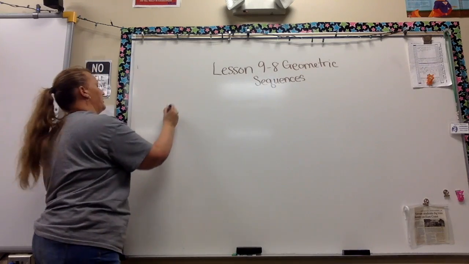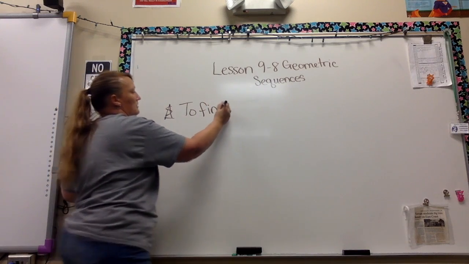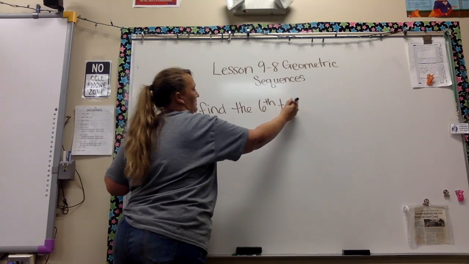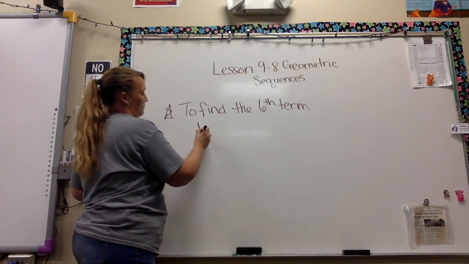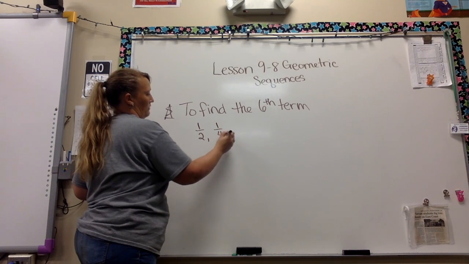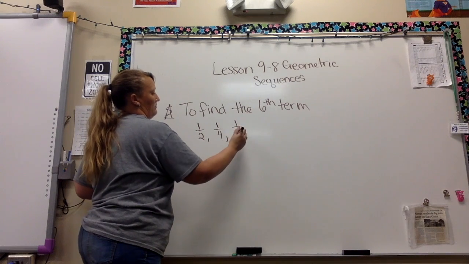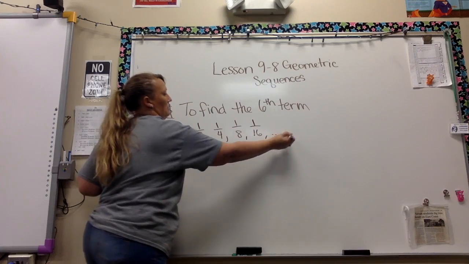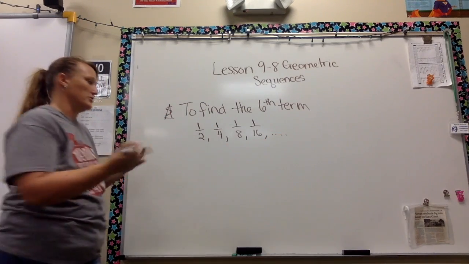So if I ask you to find the 6th term in this sequence, 1/2, 1/4, 1/8, 1/16, and we're looking for the 6th term. Yeah, we could keep going, but we're trying to practice that equation, so let's do that.